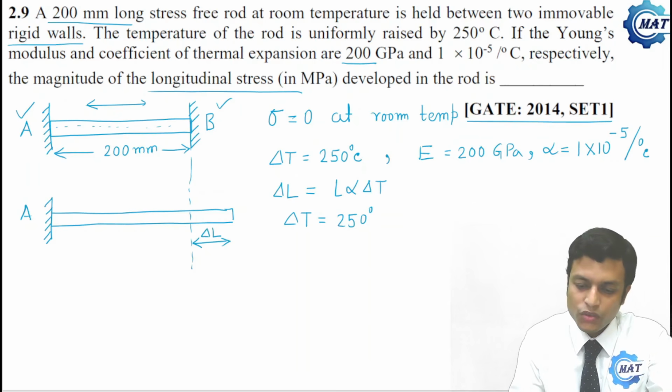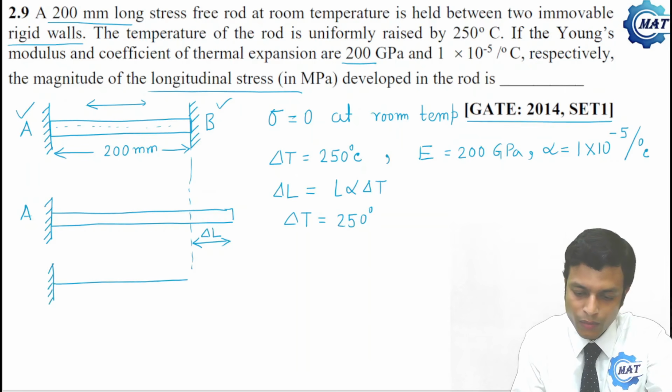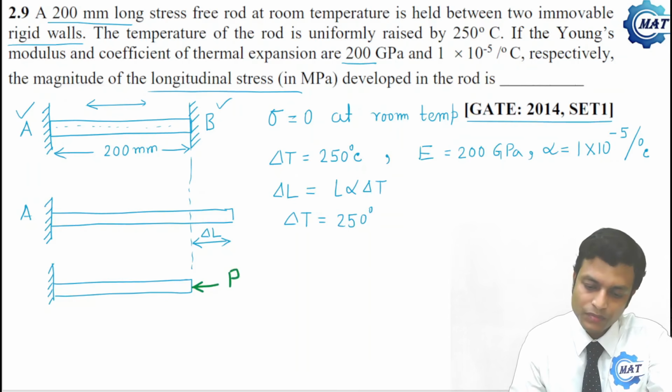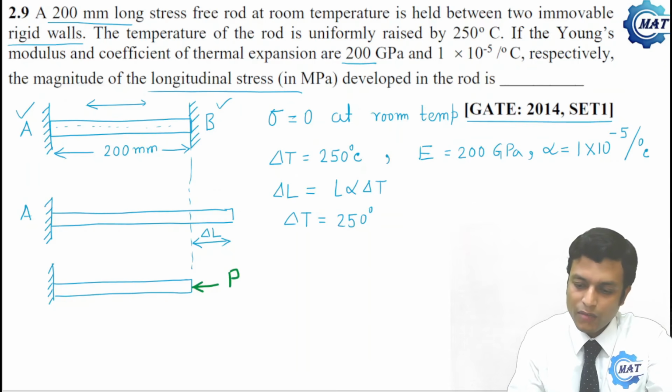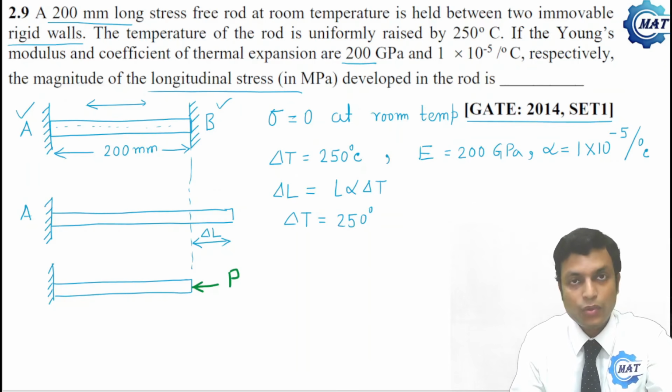Now, what is being done by support B? Support B is providing a compressive force, say that force is P. And the boundary condition is that due to the combination of thermal elongation and force P, the net elongation is 0.